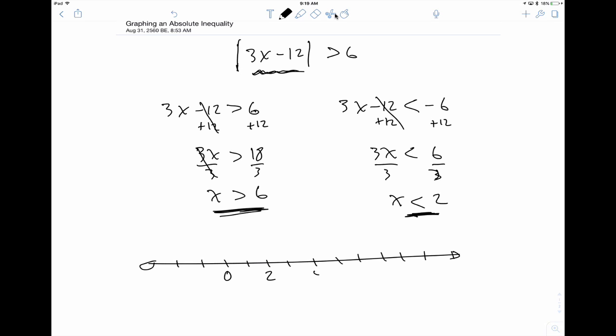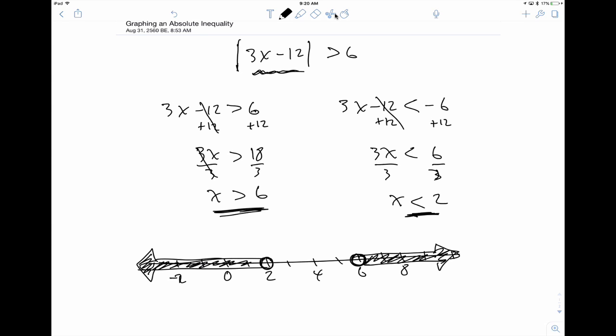There's 2, 4, 6. That should be enough. So we graph all x's that are greater than 6. And this is, like I said, what we had on the board, so just check your notes and add it if you didn't copy it off the board. So less than 2. Something like that, but not including 2 and not including 6.